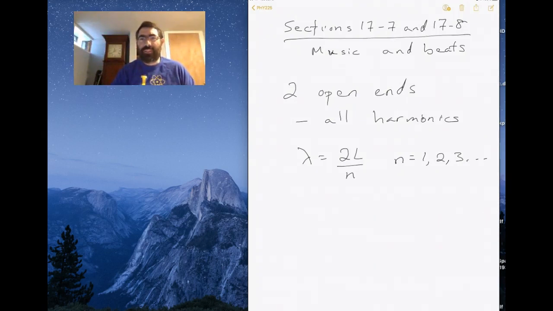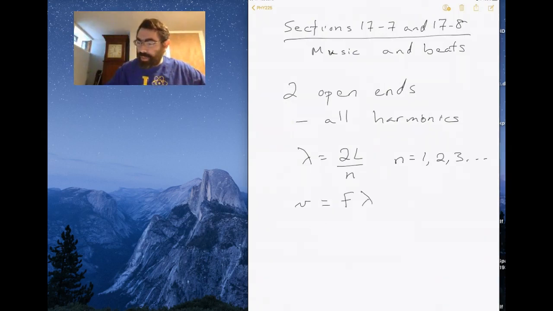So that is the relationship for the pipe. Therefore, if we want to figure out what the frequency is, if you remember, the speed of the wave is the frequency times the wavelength.